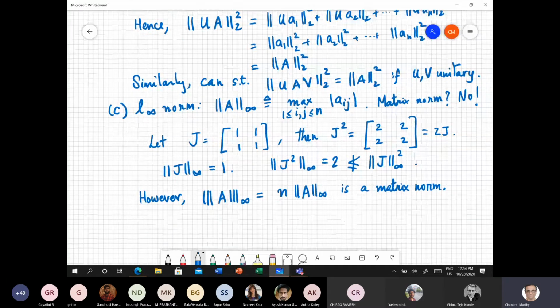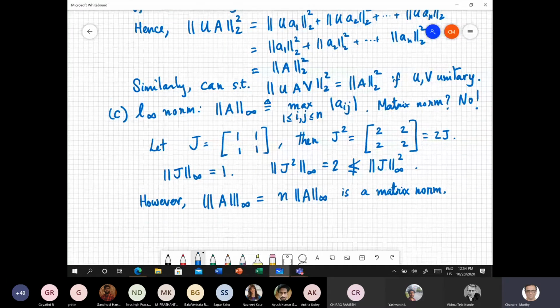So once again, because it's just a scaled version of a vector norm, the first 4 properties, namely non-negativity, positivity, homogeneity and triangle inequality, are naturally satisfied by this. So the only property we need to check is the submultiplicativity property.